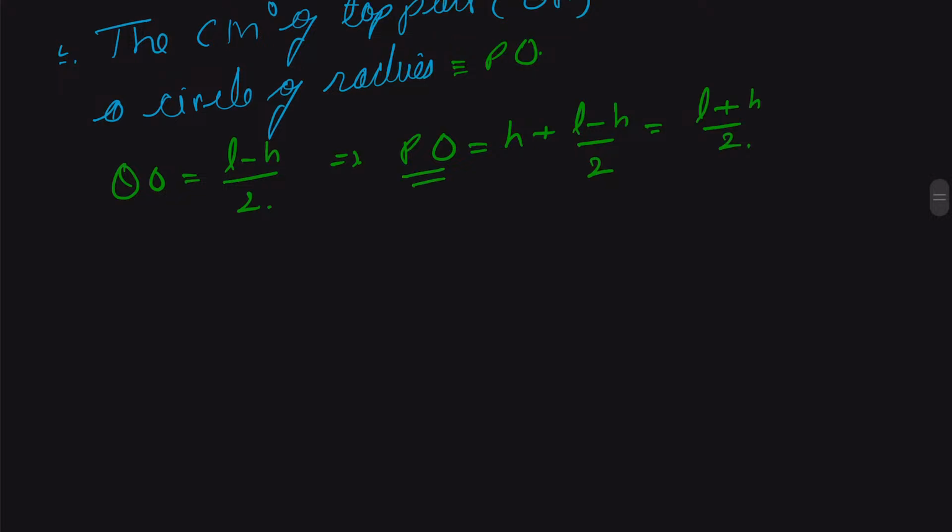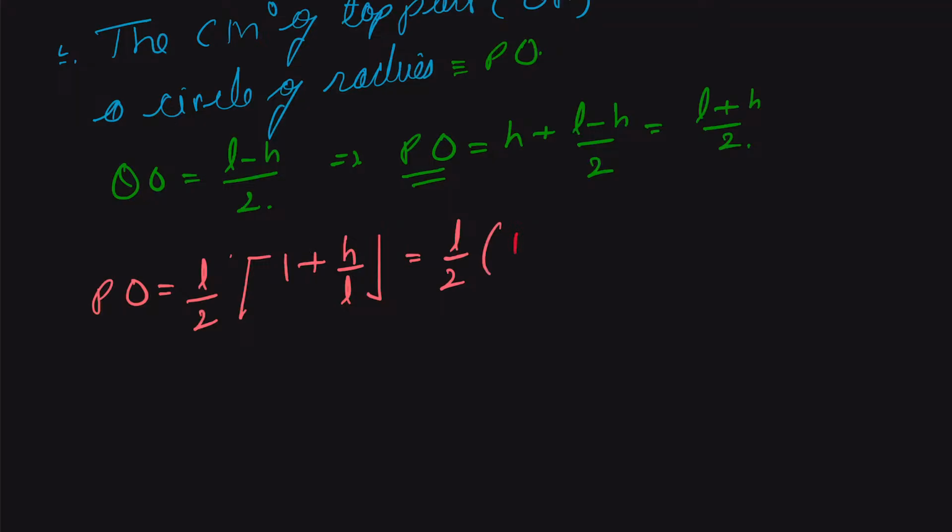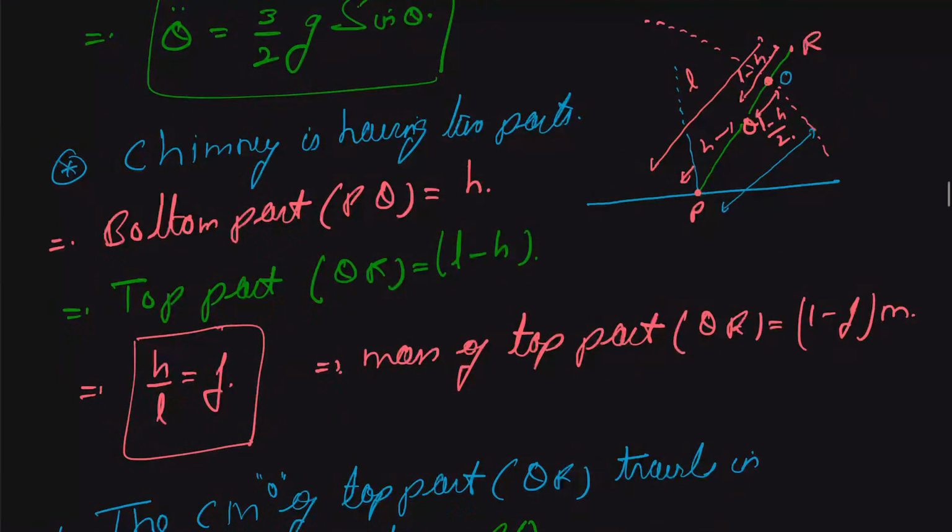We can rewrite PO by taking L as common, so this will be L by 2 times (1 plus H upon L), and H upon L is nothing but our F. So this will be equal to L upon 2 times (1 plus F). So this is the radius of the circle of the center of mass of the top part, that is our PO.